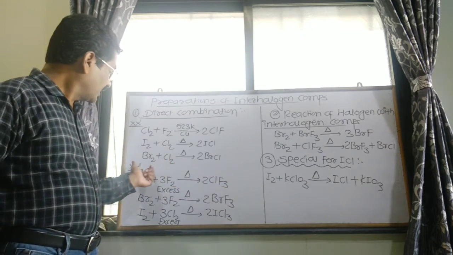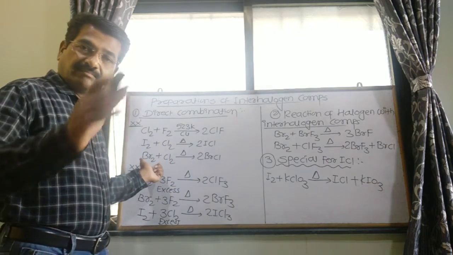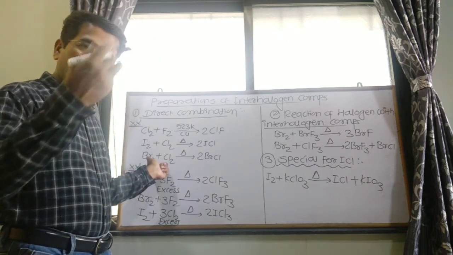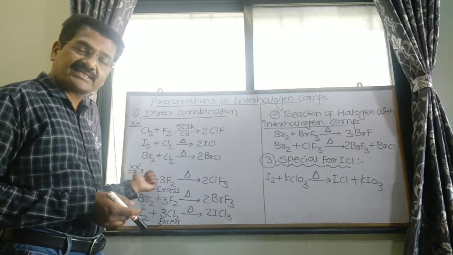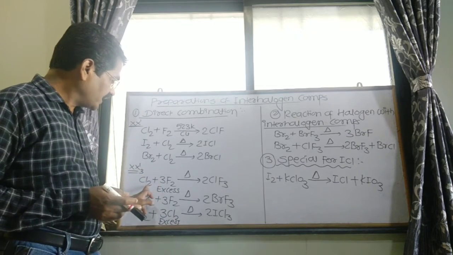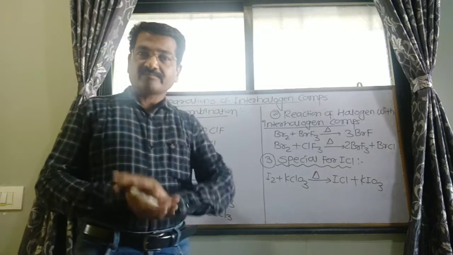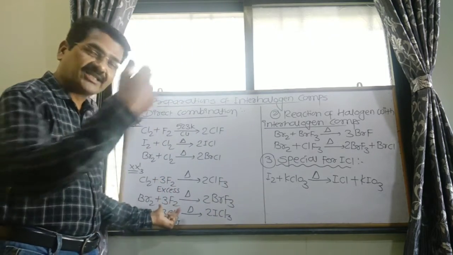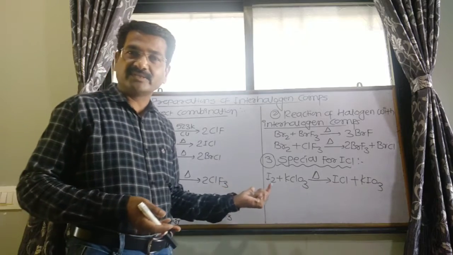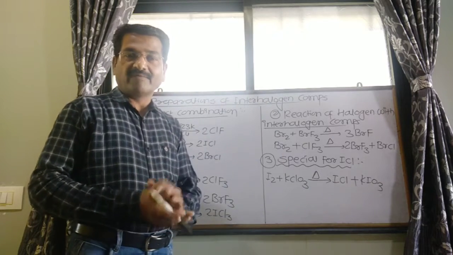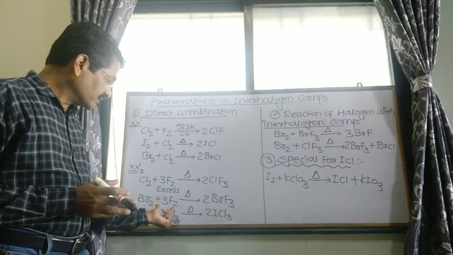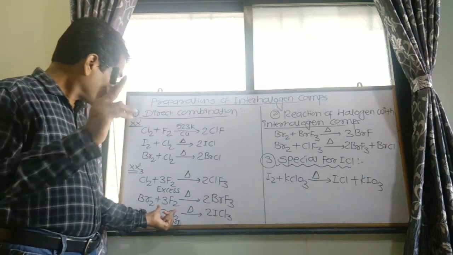Then by using the direct combination method, how to prepare interhalogen compounds of type XX'3? For that purpose, we require an excess of the other halogen to react with the parent halogen. When the parent halogen reacts with the other, it requires excess moles.